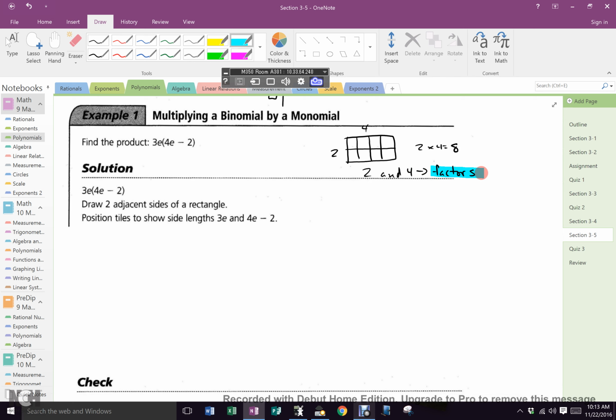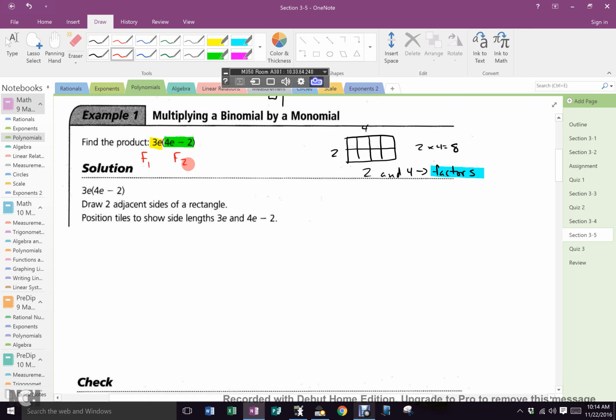It doesn't matter what it is. So in this case, how many factors do we have? 2, because we have 3e. Even though that's 2 things, it's still only one, grouped together as a monomial, right? So this guy is factor 1, and this guy is factor 2.